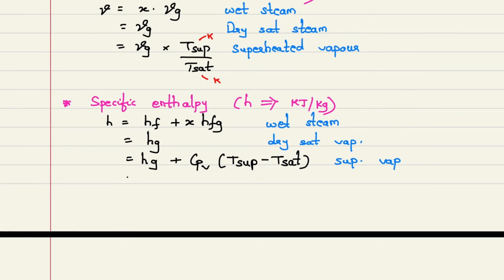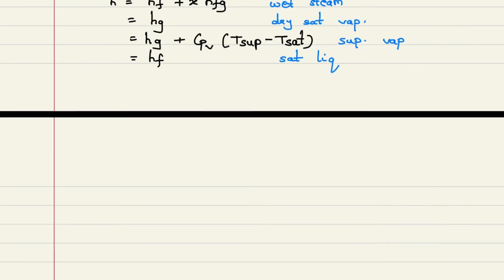So H is equal to HF for saturated liquid. Then for subcooled, H is equal to HF minus Cp of liquid into Tsat minus Tsub. This is the formula for subcooled liquid.